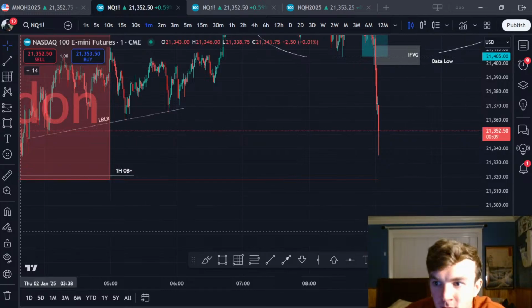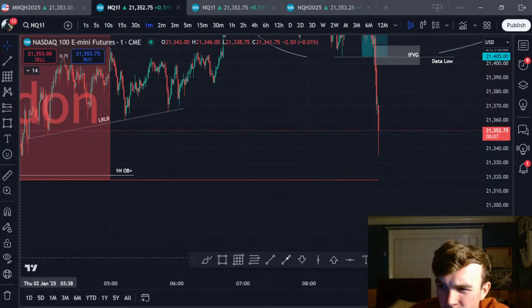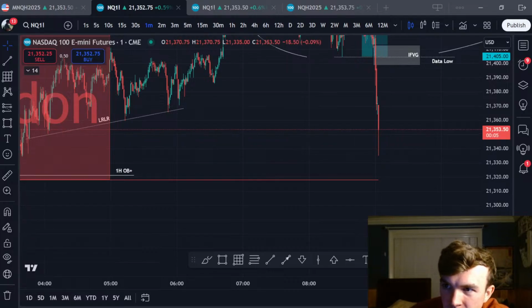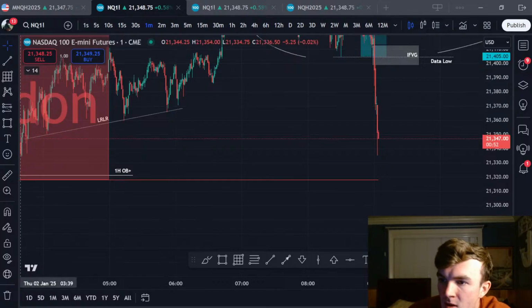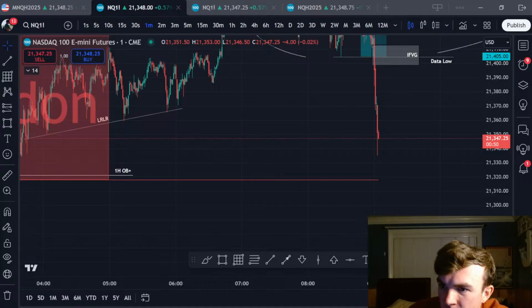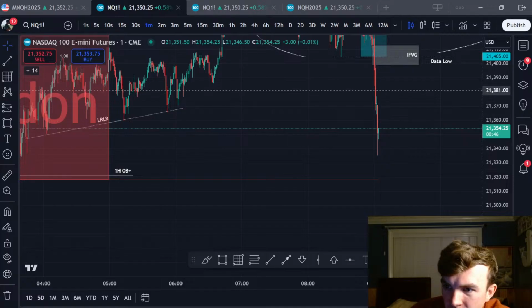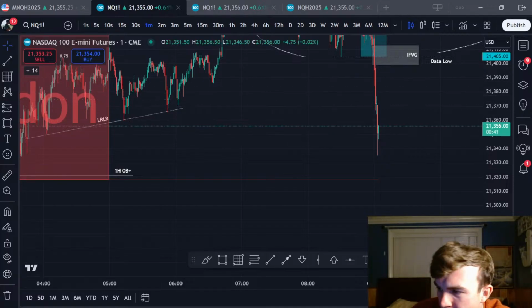I'm wondering, did we push into any key level during New York? Because that could make a lot more sense. Let's see. Did we push into a key level during New York? If so, what was it? Because that would make a lot of sense.